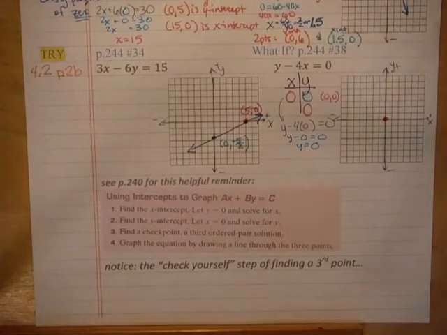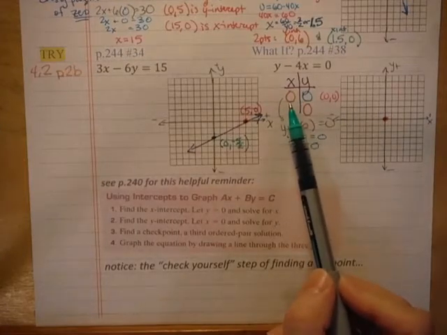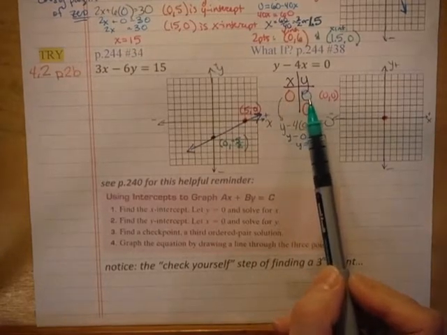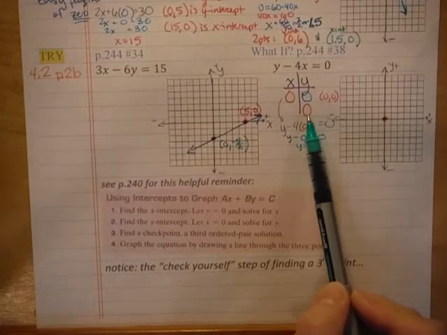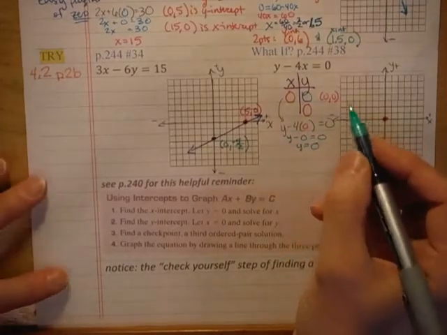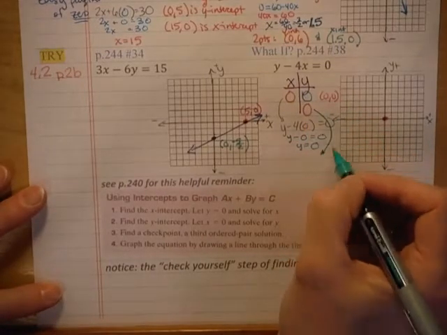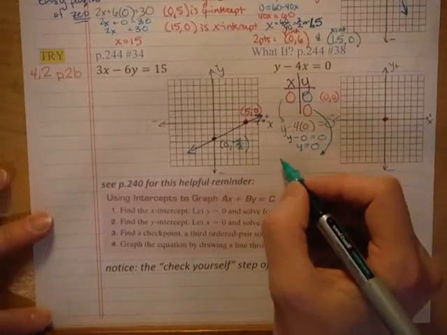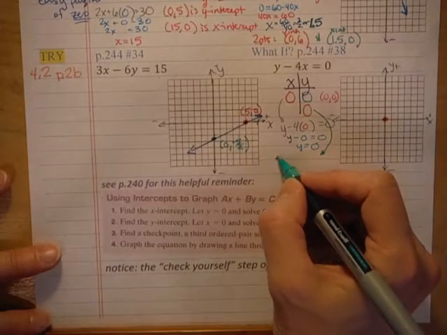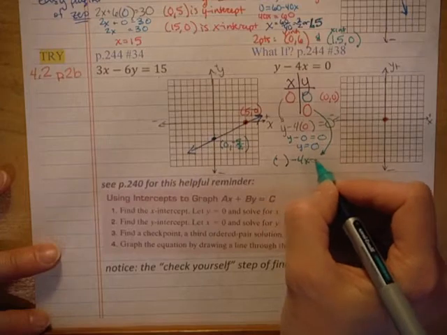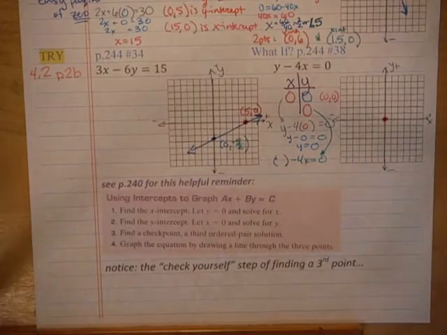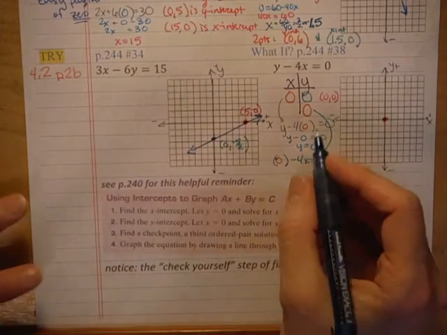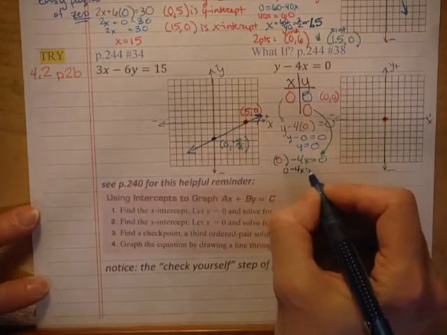Now, for those of you that are paying attention, if I plugged in 0 for x and it gave me 0 for y, what's going to happen when I plug in 0 for y? Let's see. Y minus 4x is equal to 0. Let's plug in 0 for y this time. We end up with 0 minus 4x is equal to 0.